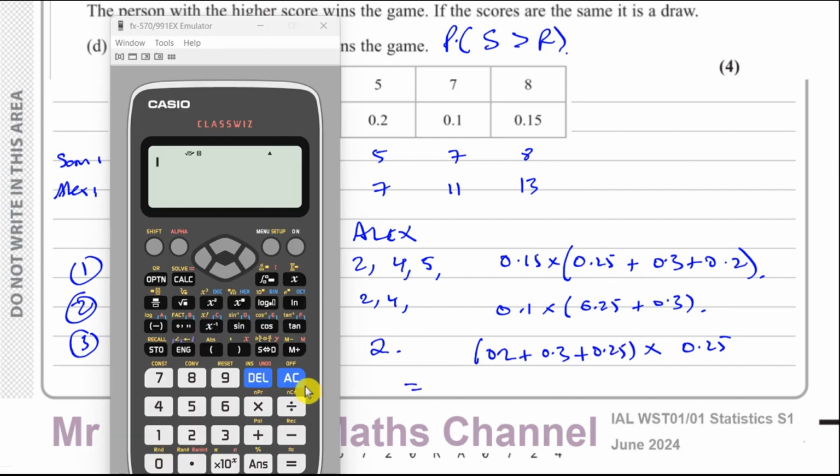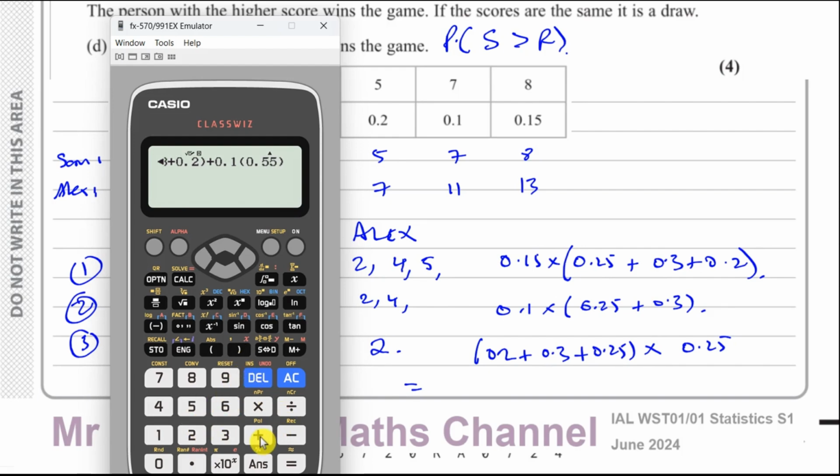Okay, so let's have a look. We have 0.15 times 0.25 plus 0.3 plus 0.2. Okay, and then we're going to have plus 0.1 times 0.25 plus 0.3, which is 0.55.